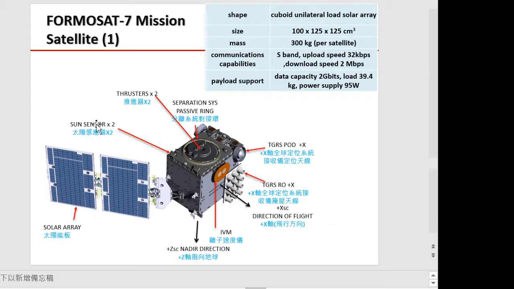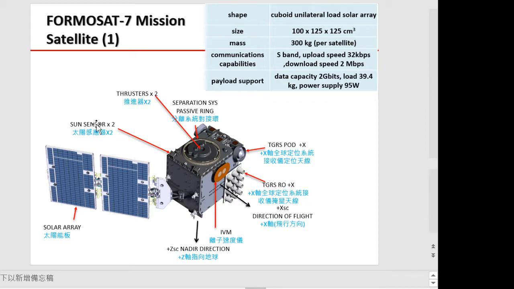And you can see from this slide the RO antenna, the POD antenna, and in the direction of flight, you can see the IVN sensor plate.